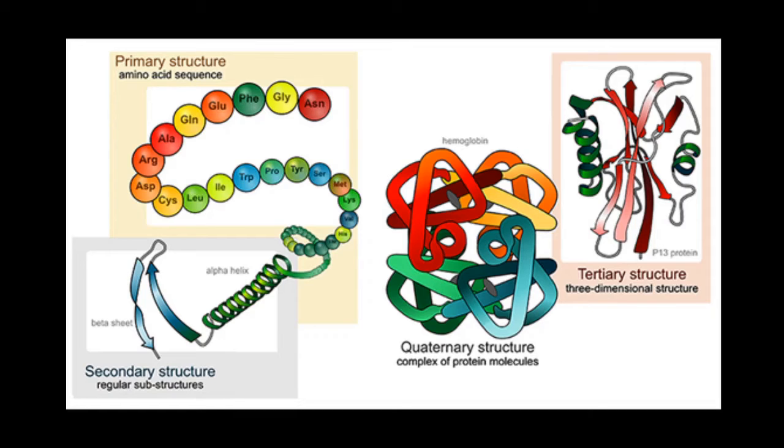This primary structure then undergoes local folding to produce the next level of organization known as the secondary structure. There are two types of secondary structures, namely the alpha helix and the beta sheets. The alpha helix here has been represented as a coiled ribbon, whereas the beta sheet has been represented as ribbons with arrows which have been placed one below the other.